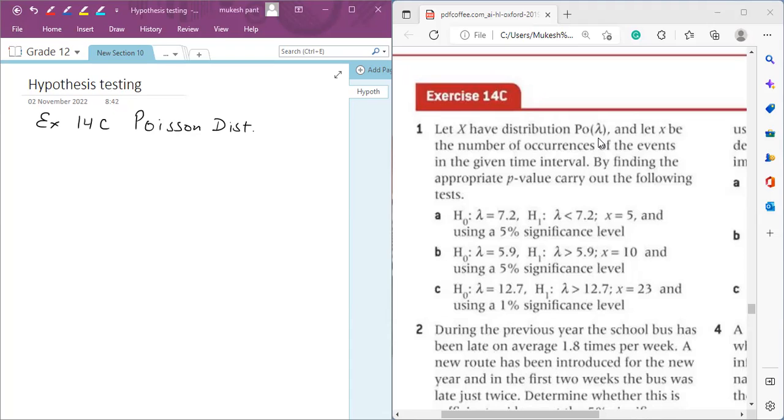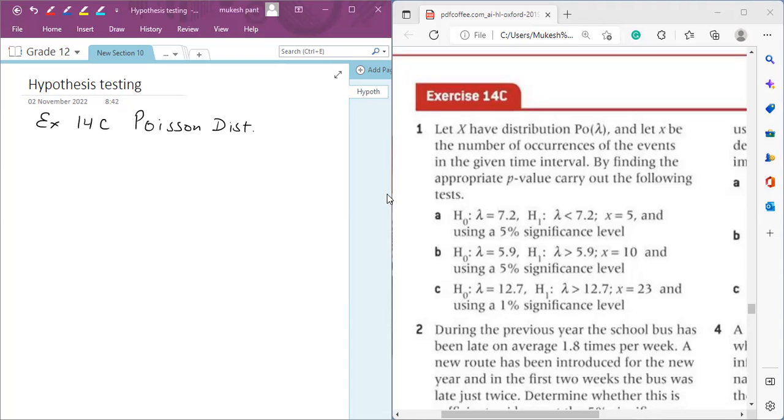So we will use this Poisson distribution testing in exercise 14C. We start from question number 1. As you can see, let X have distribution Poisson gamma. This is the parameter of the Poisson distribution, and let X be the number of occurrences of the events in the given time interval.